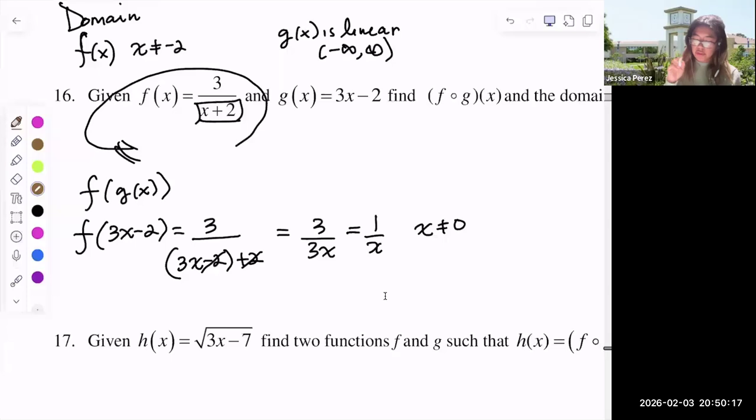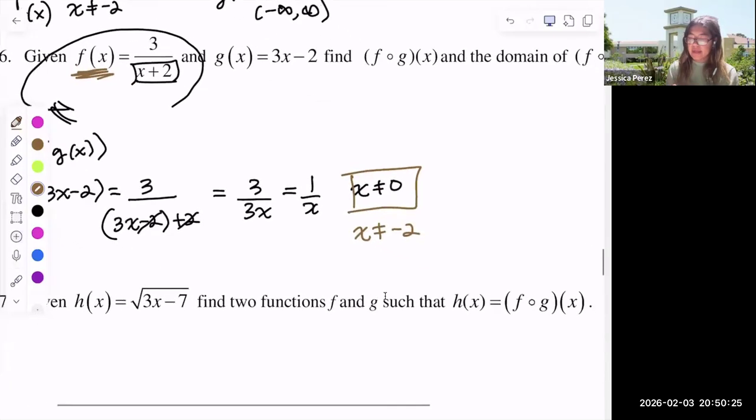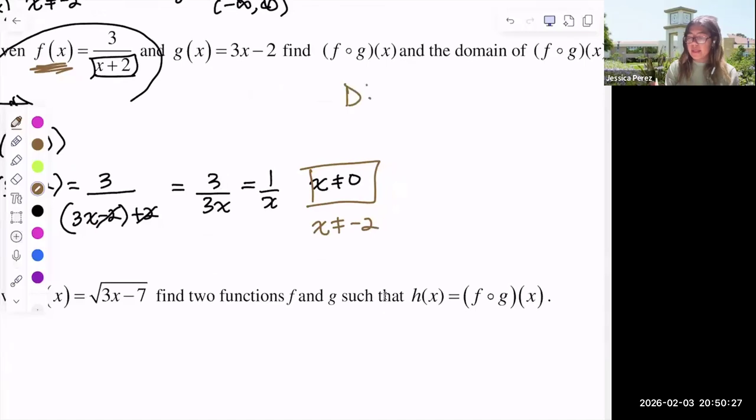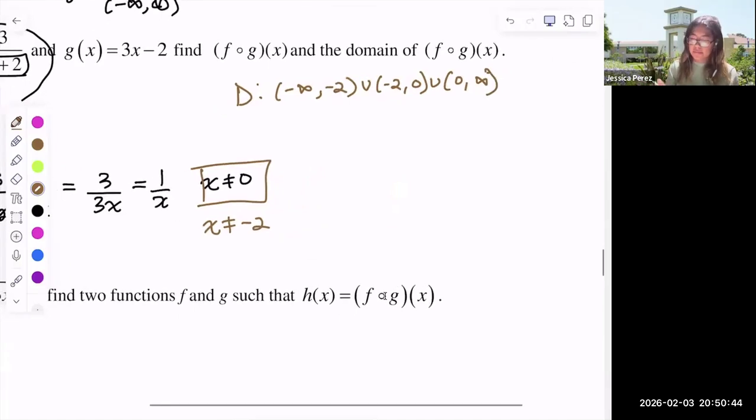So there are two restrictions. x cannot equal 0 and x cannot equal -2. And that's from the initial f because it was rational. So the domain is everything except 0 and -2. So from negative infinity to -2, union from -2 to 0, union from 0 to infinity. So we have to take into consideration both restrictions, the original restriction of f and the composition.